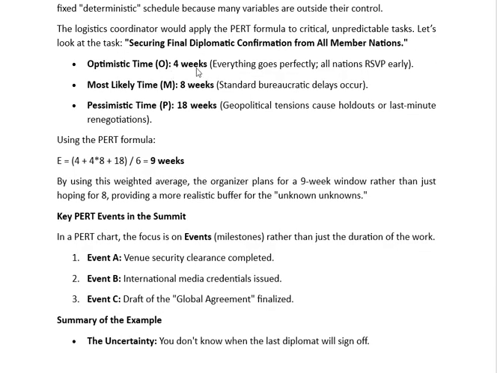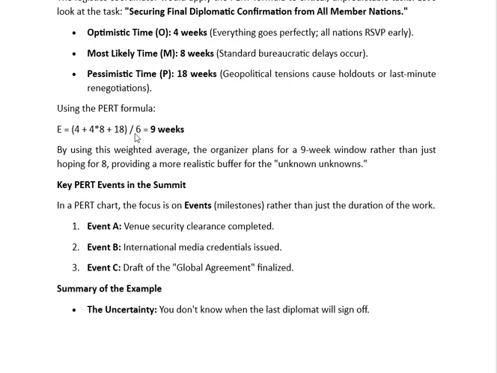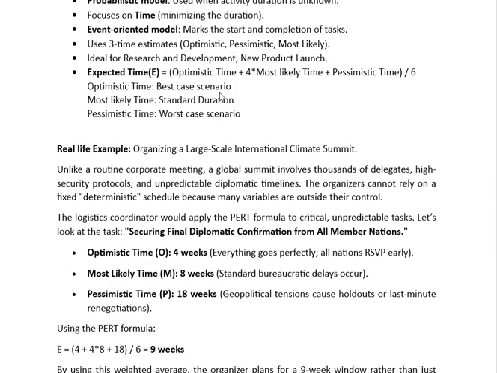So these are the 3 times which I just stated here. 4 weeks is if everything goes perfectly, 8 weeks is if there is a bureaucratic delay, and 18 weeks is if there are geopolitical tensions or last minute renegotiation. So using the PERT formula, we have to find the expected time.